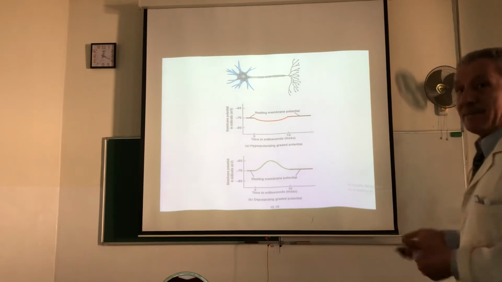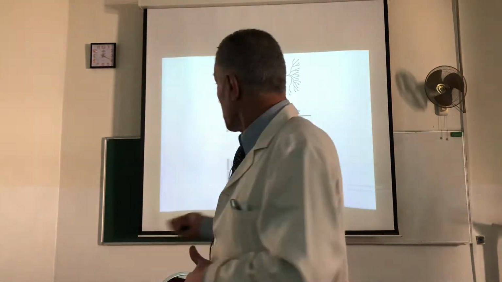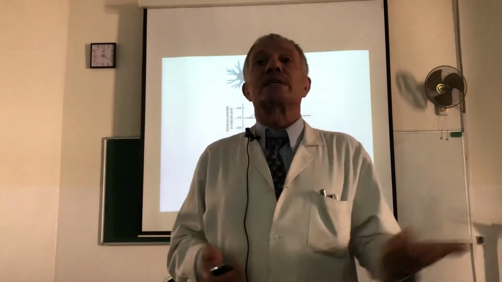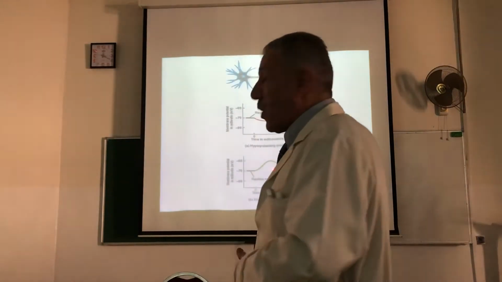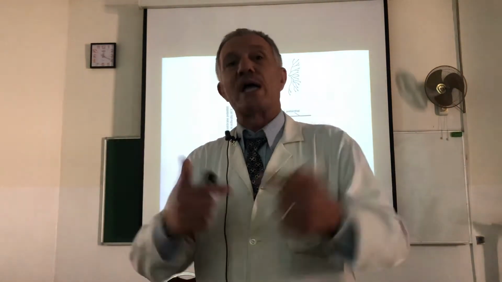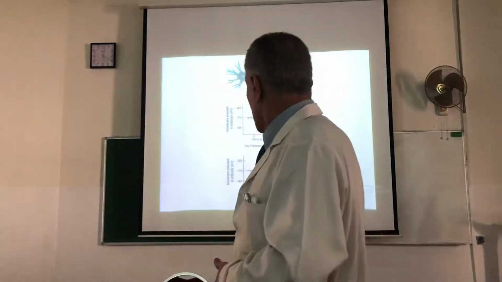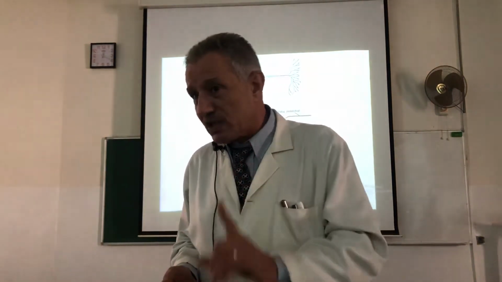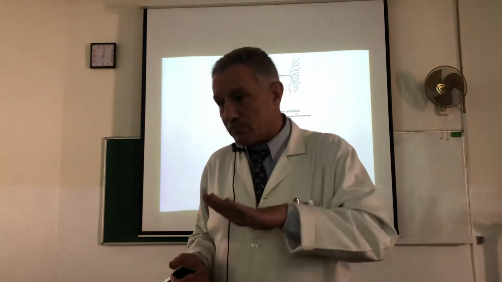Now, the inhibitory presynaptic terminals on the motor neuron can cause hyperpolarization, generating what we call inhibitory postsynaptic potentials, while the excitatory presynaptic terminals can generate excitatory potentials. These are not action potentials yet. Some call them sub-threshold potentials.